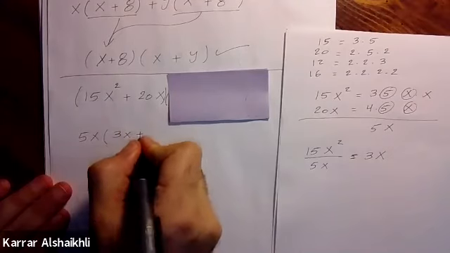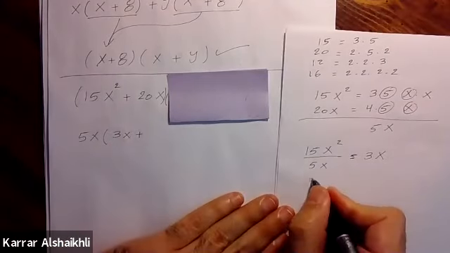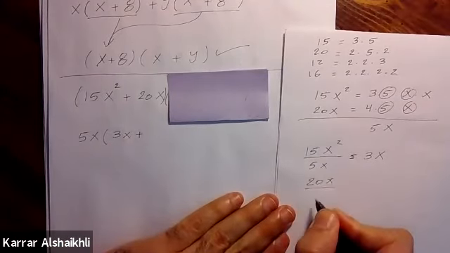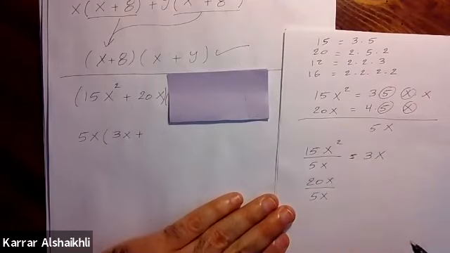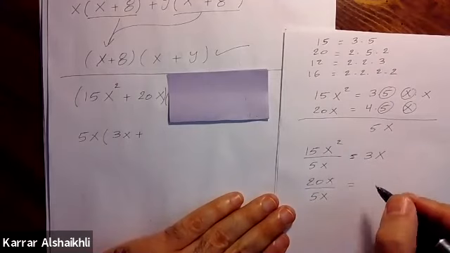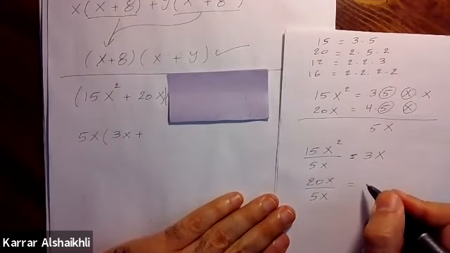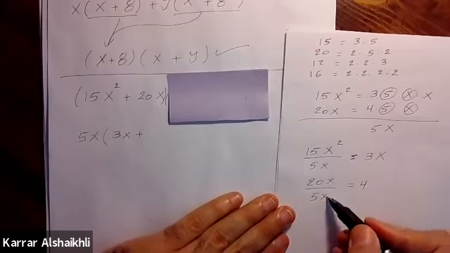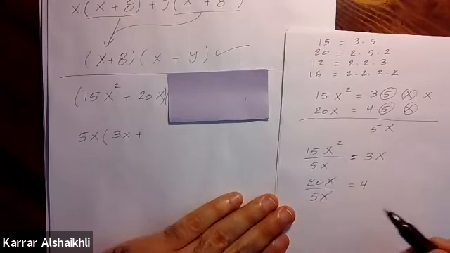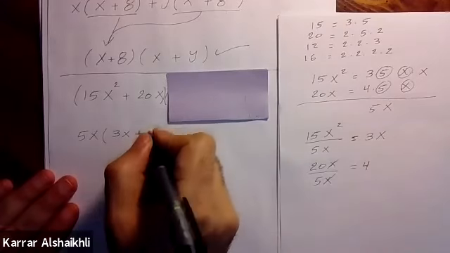This is the plus. 20x divided by 5x. 20 divided by 5 is 4. x divided by x, we're going to cancel it. It's going to be the 4 by itself. So here's the 4. Close the parentheses.